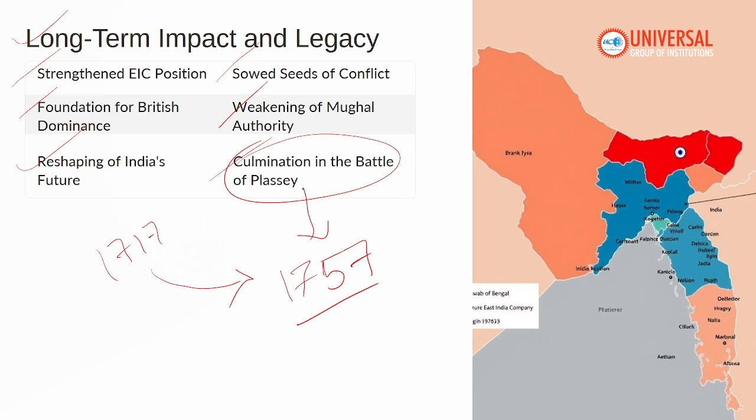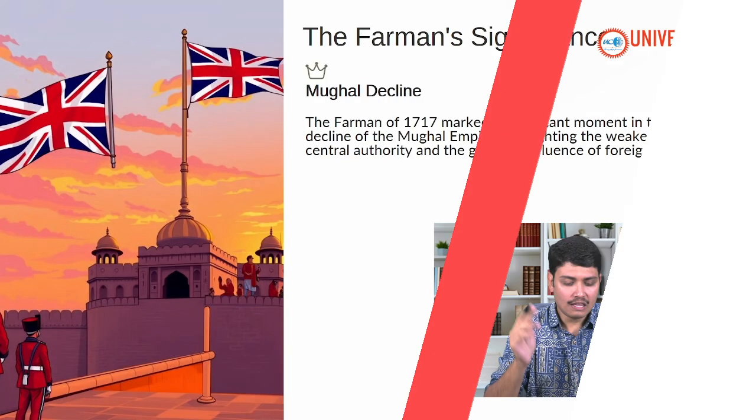The economic and political clashes that took place in 1757 were basically a result of the Farman of 1717, as discussed by many historians.